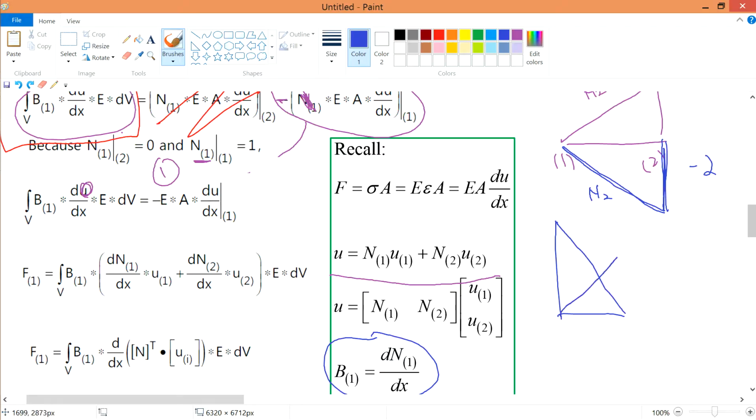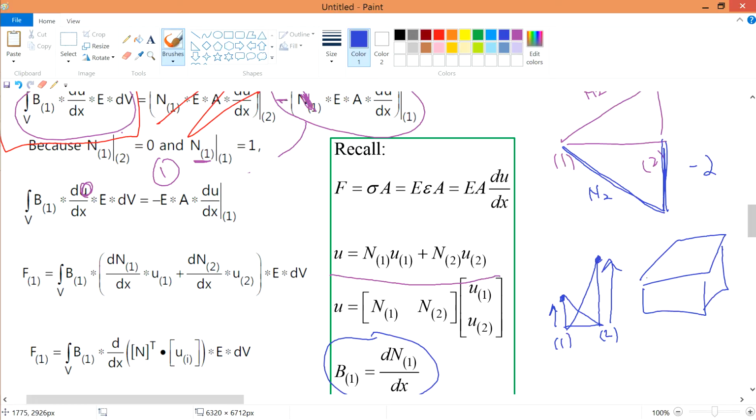You can also have something like this, or maybe your N1 is smaller and your N2 is higher. You have different shapes. So this tells you that your displacements at node 1 and node 2 are different. And this explains why in your normal meshes in SolidWorks and things like that, you often see triangular elements, something like this.